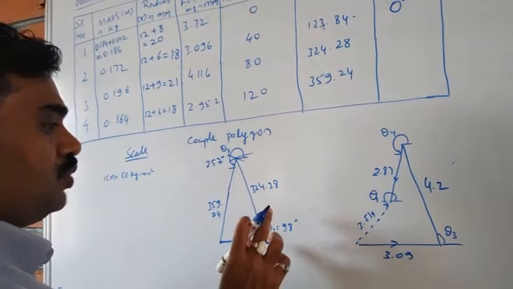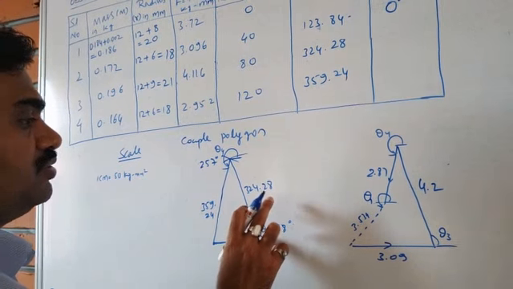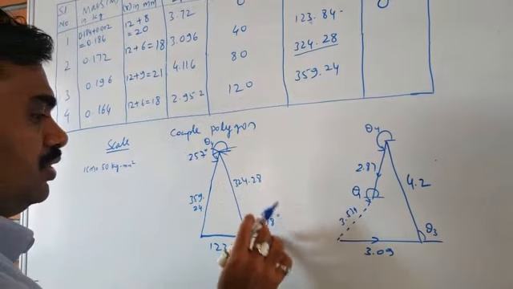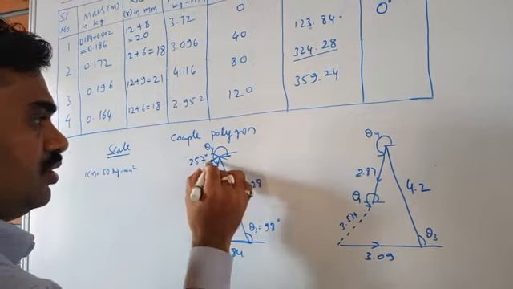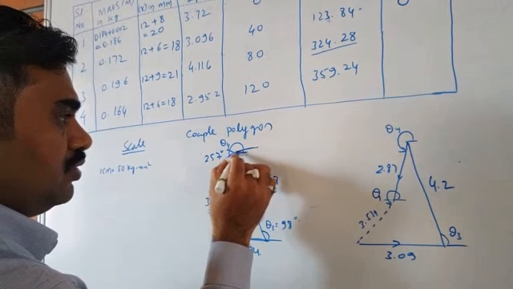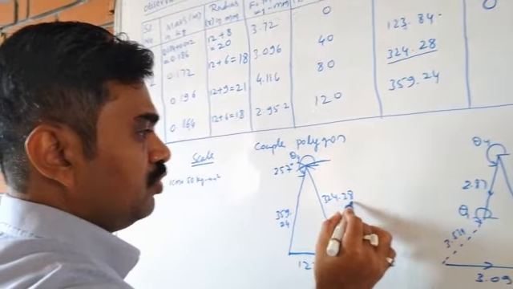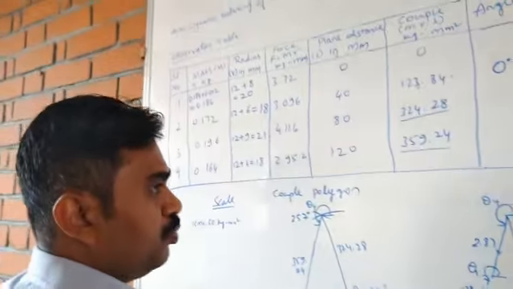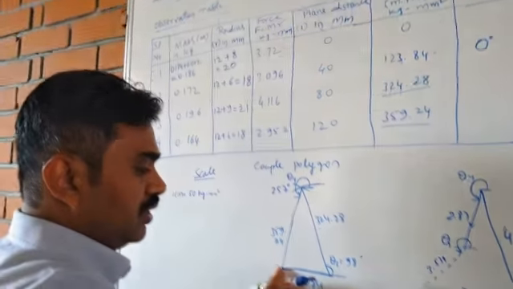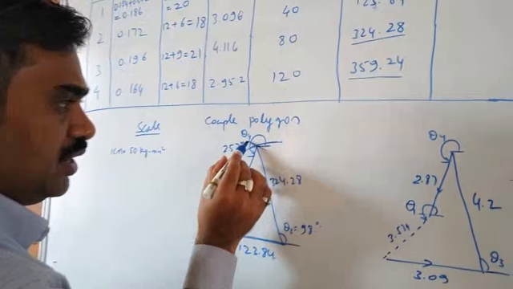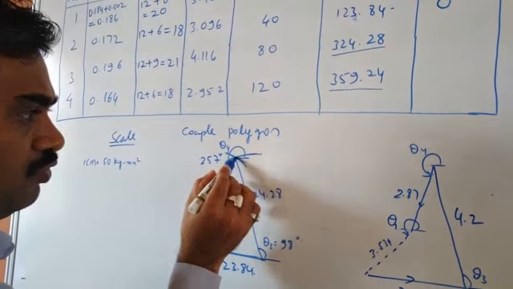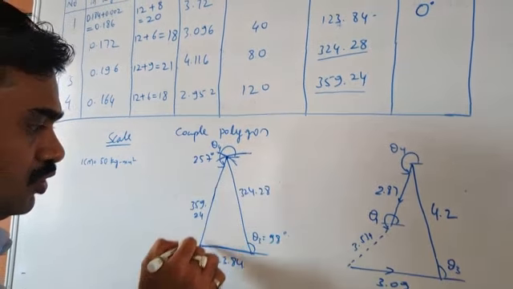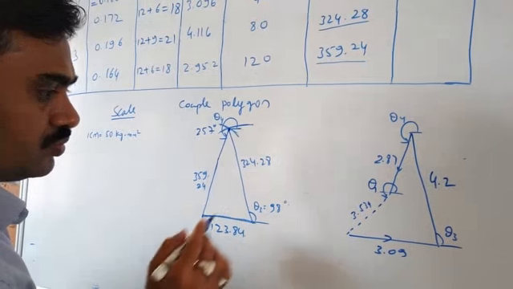Then set your compass to 324.28, the next value. Taking this as a center, draw an arc at a distance of 324.28. For the next value 359.24, set your compass, take this as a center point and cut the arc. Wherever the two arcs intersect, join these two lines.